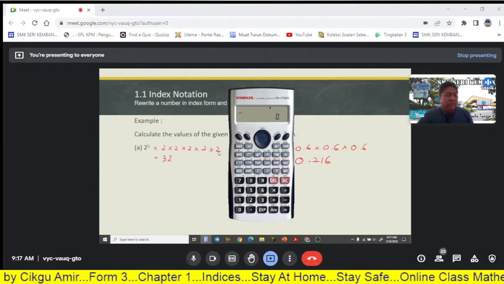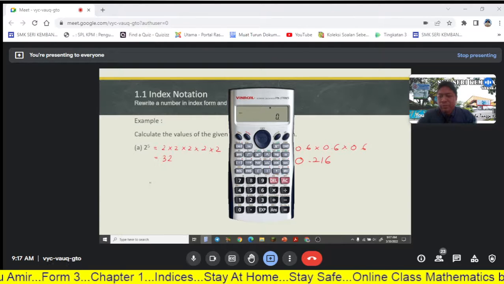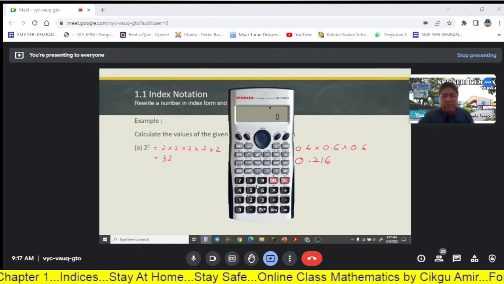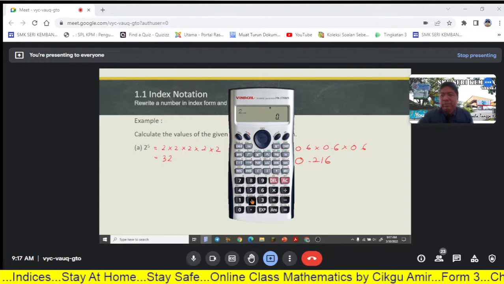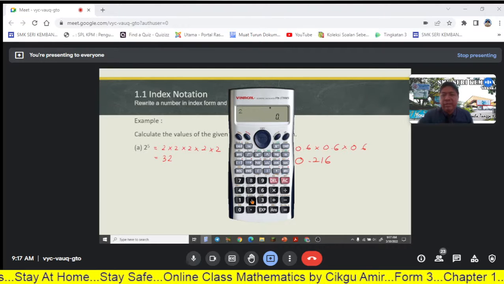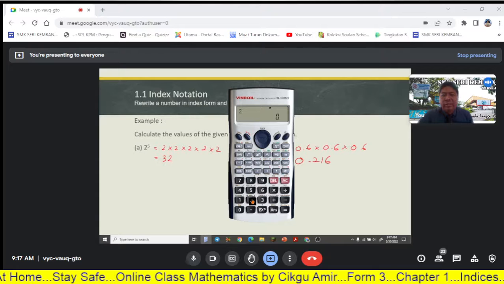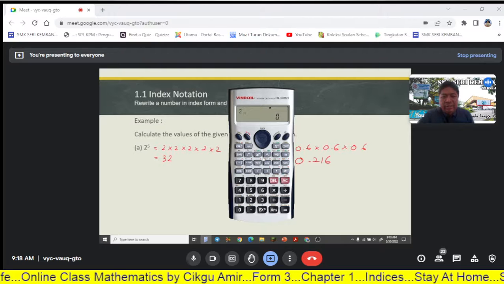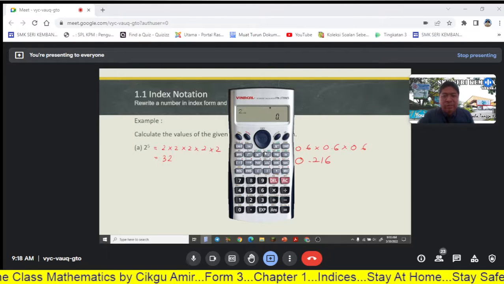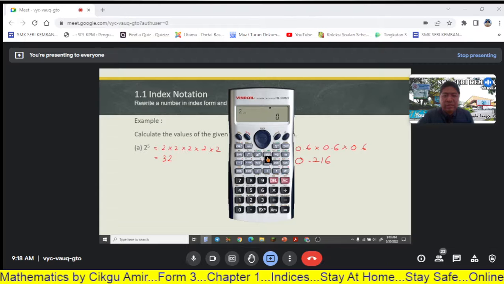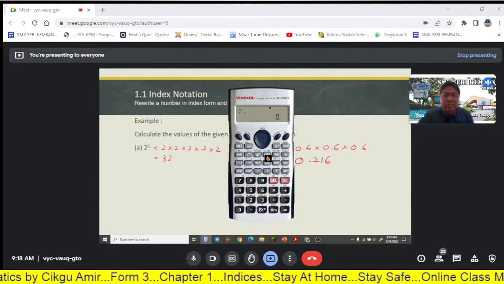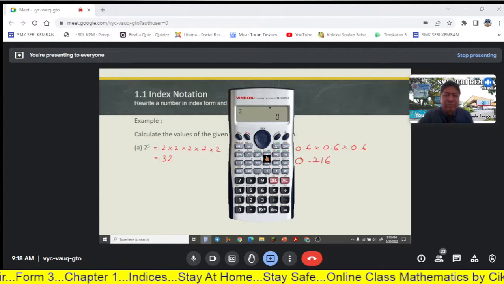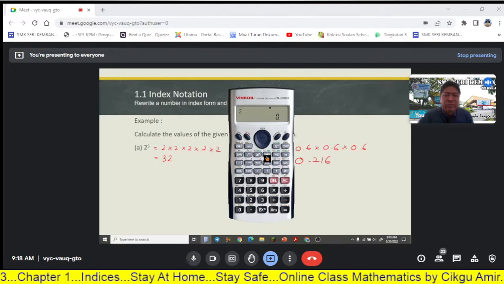On the calculator, the first one, 2 to the power of 5. You press number 2, then to the power of 5. How to press to the power of? You find the symbol of the arrow here, the arrow pointing up. Some people call it the umbrella symbol.